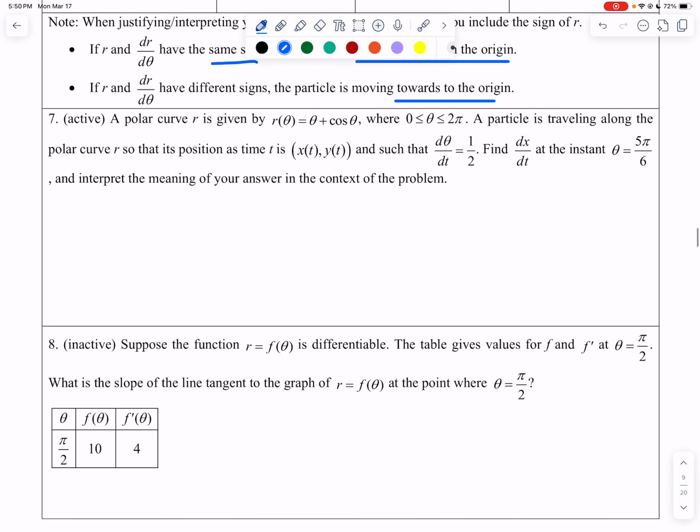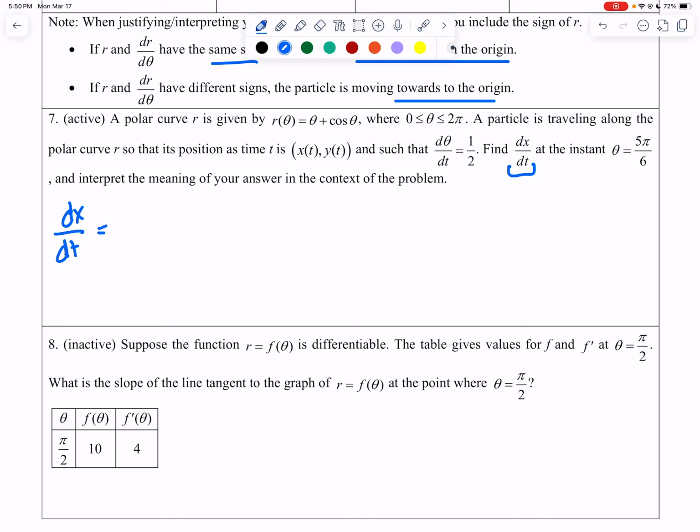So for example, on number 7 here, we have r is equal to theta plus cosine of theta, and we have a particle traveling along the curve such that dθ/dt is equal to 1/2. We want to find out what dx/dt is at the instant when theta is 5π/6 and interpret the meaning of our answer in the context of the problem. So here's the thing.